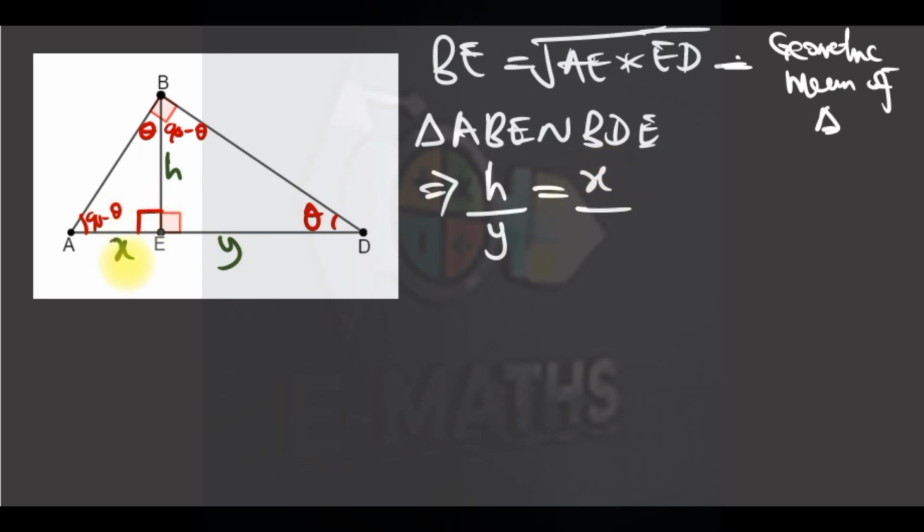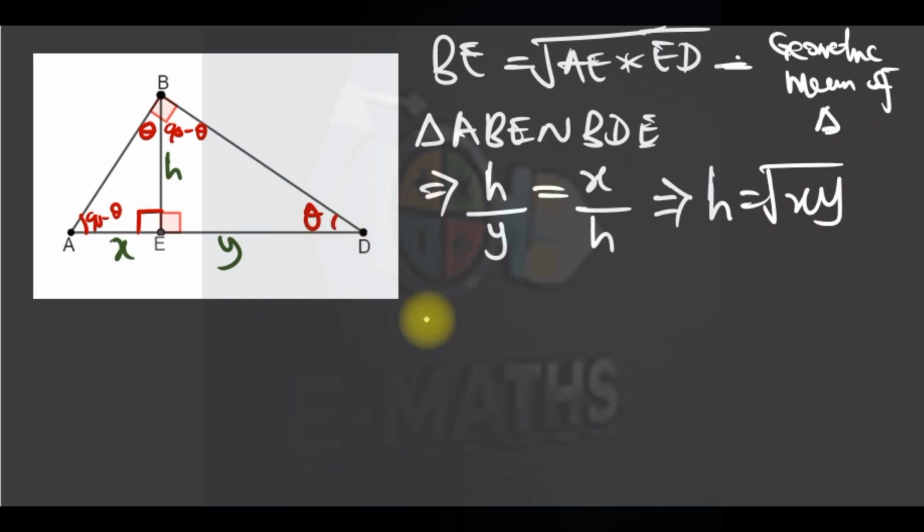Do you get it? I'm comparing 2 sides. H corresponds to Y in this triangle, and X corresponds to H in this one, because X is opposite theta and H is opposite theta. That's why the 2 triangles are similar, which implies that H is the square root of XY, which is what we've proved. So this is one of the geometric means of a triangle.